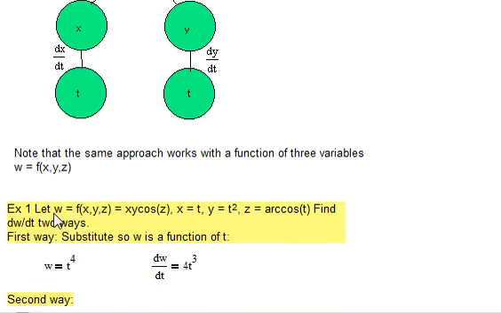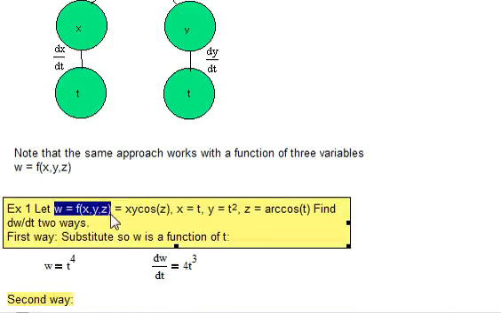So let w be f of x, y, z, and let that be x times y times cosine of z, and let x be t, y be t squared, z be arc cosine of t, and so what we have is three different variables, each of which is a function of t, and w is a function of our three variables.